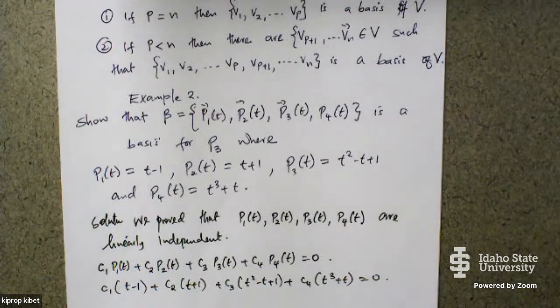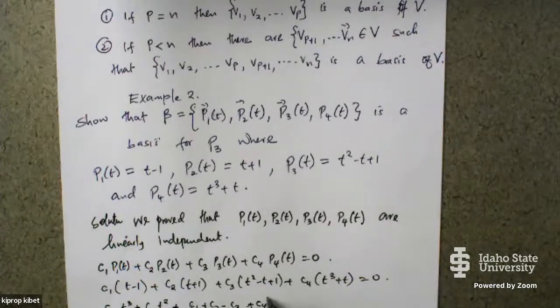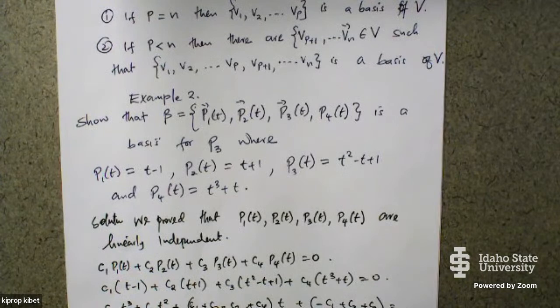So once we open the brackets, then what we get is C4 of T cubed plus C3 of T square plus (C1 plus C2 minus C3 plus C4) of T, and then plus (minus C1 plus C2 plus C3) equals to 0.